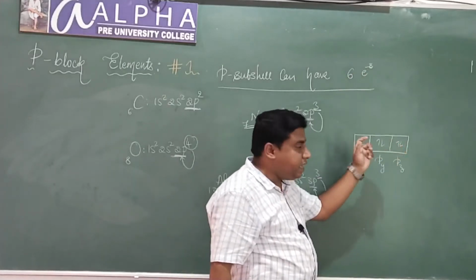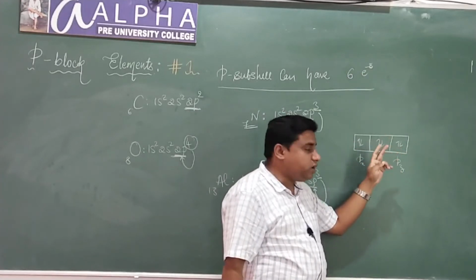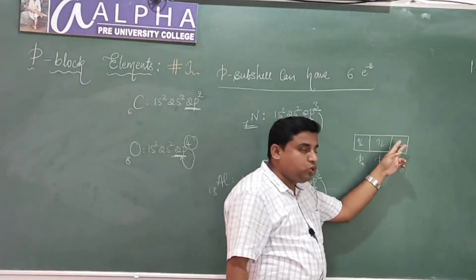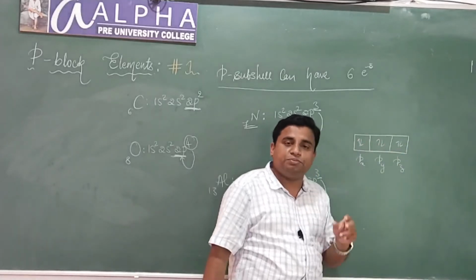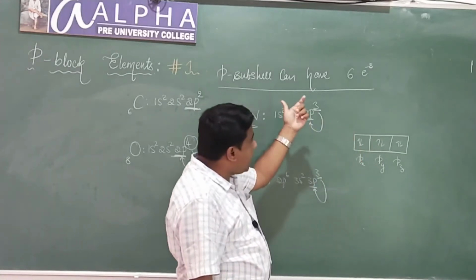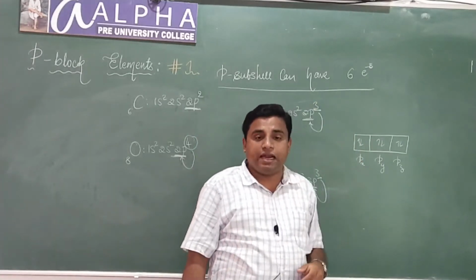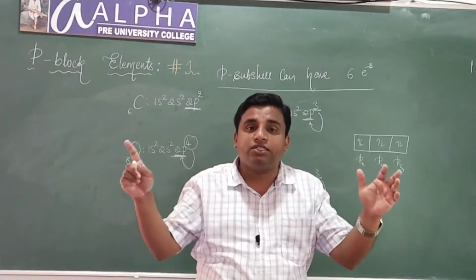Am I correct? There can be 2 electrons in the px orbital, 2 electrons in the py orbital, and 2 electrons in the pz orbital. So each orbital of the p subshell will have 2 electrons. That means altogether the p subshell can have 6 electrons. That is why the p block has 6 groups.